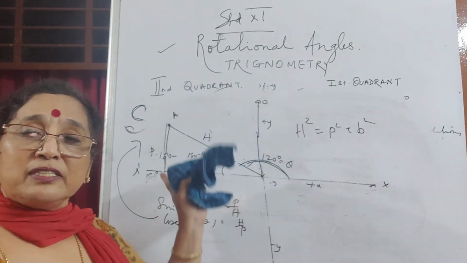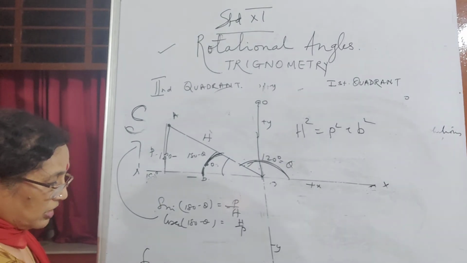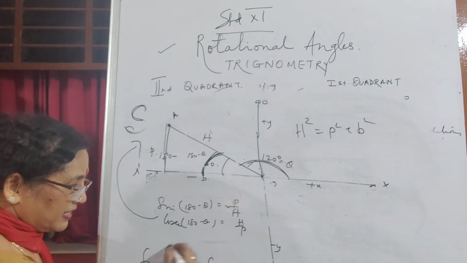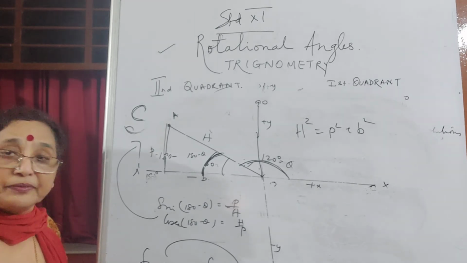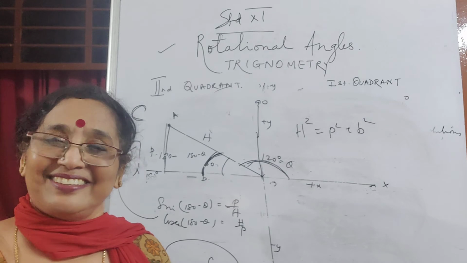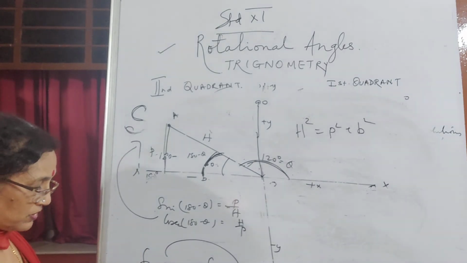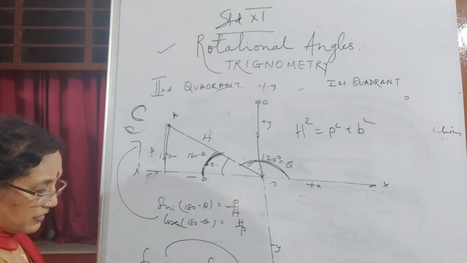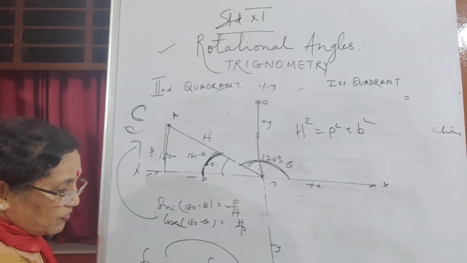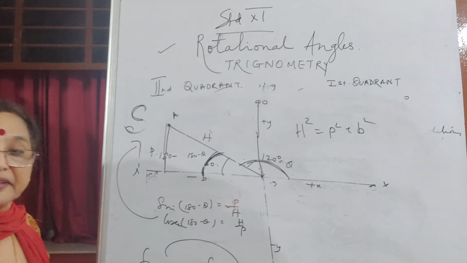So for all such angles, if you have sine of 120, it will be positive. It is the sine of its supplement 60, 180 minus 120, because it is an obtuse angle. Similarly, cosec of 150 is the same as cosec of 180 minus 150, which is 30, its supplement.